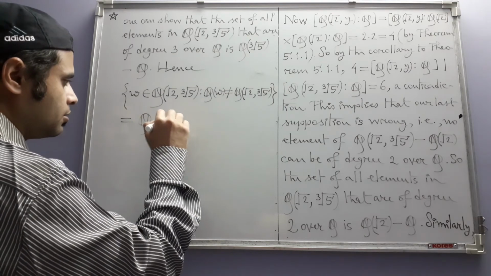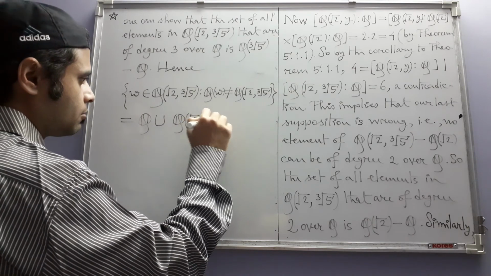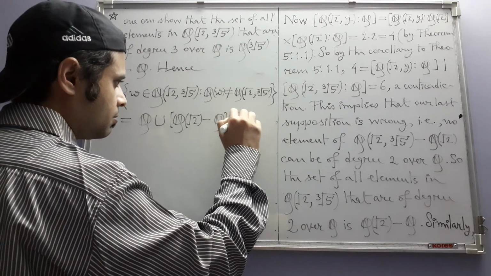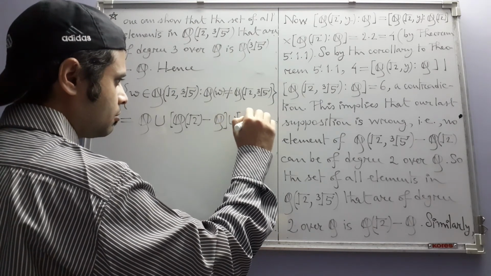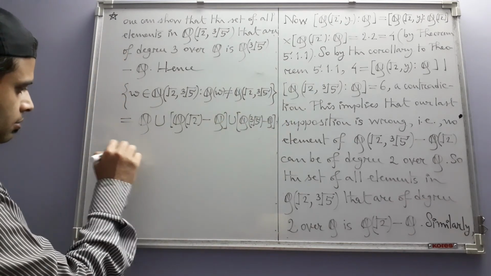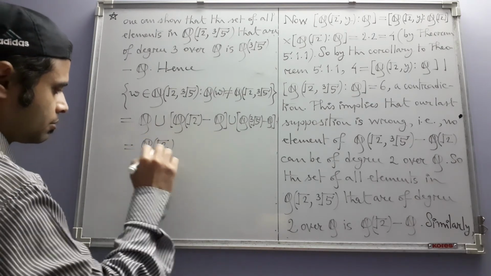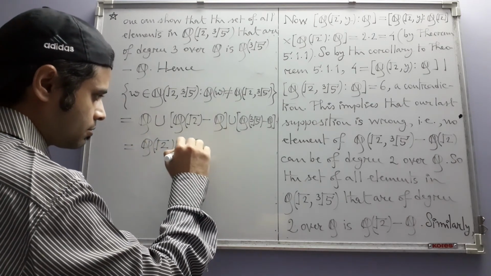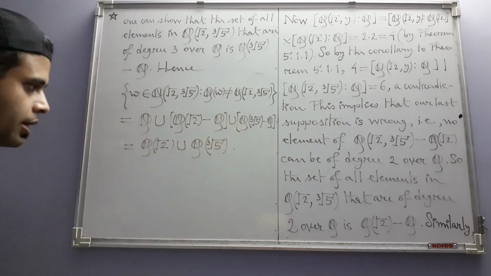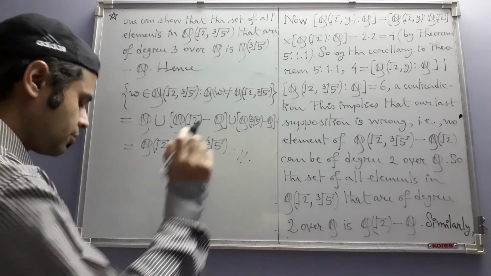This union this, which becomes... so that is the characterization of all such w. So here the solution ends.